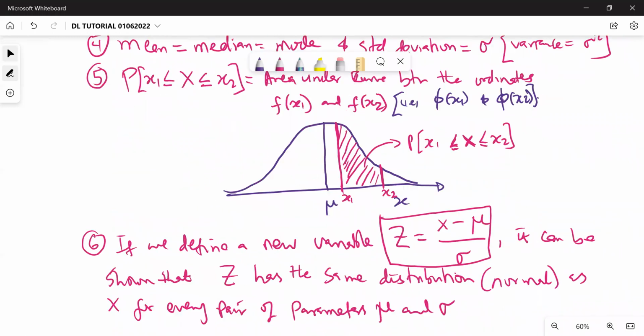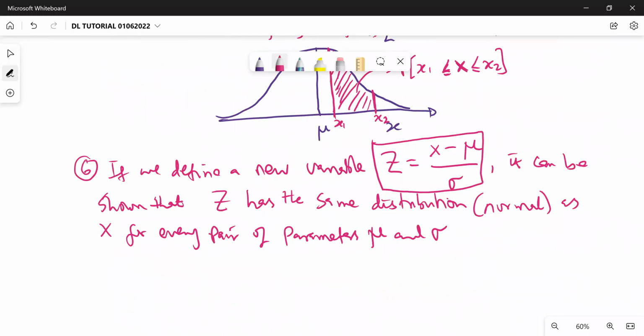It's a very important property. It is with this property that we are now going to have a formula which we shall be using to calculate normal probability values. You will notice that since the beginning, I've not given you a formula for the normal distribution. I was saying that y is some function of x, or phi of x, but I was not giving the explicit formula.